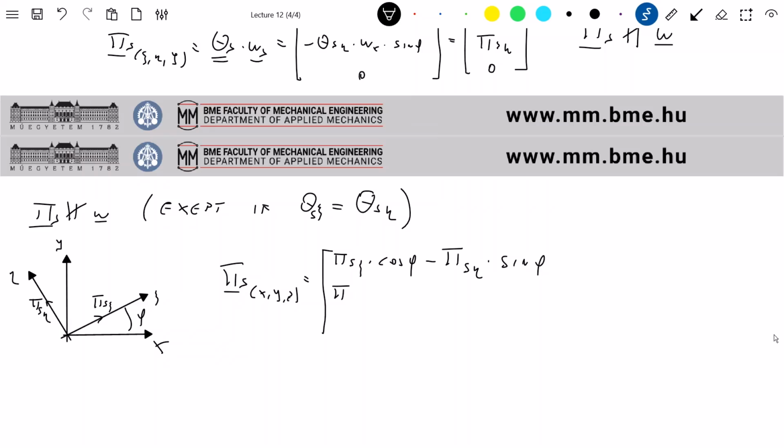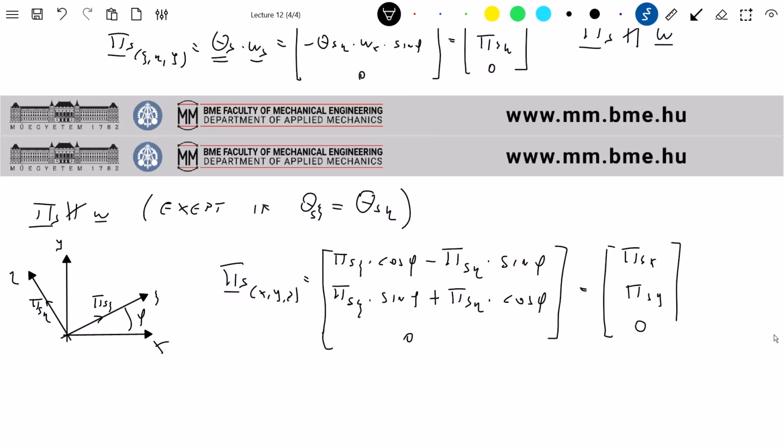Then we have pi s psi times sine of phi plus pi s eta times cosine of phi, and then 0. And this is equal to pi sx, pi sy, 0.